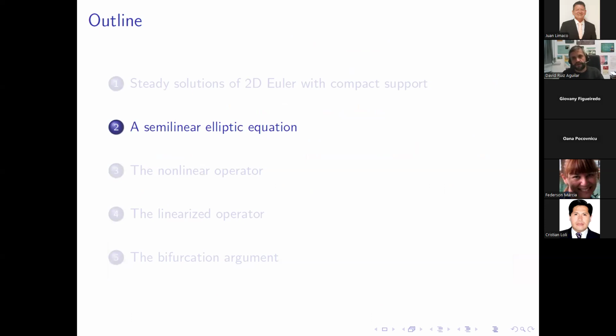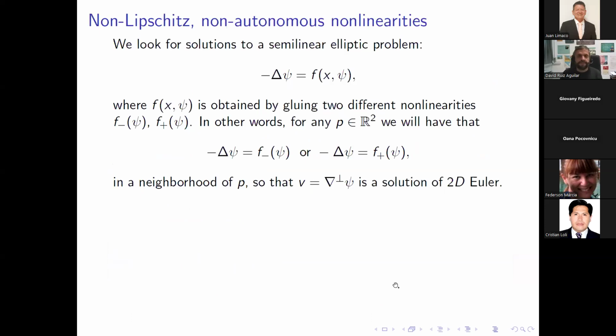So let's talk about the semilinear elliptic equation I'm interested in. Basically, the idea is the following. I'd like to find a solution of this equation here, where f of x and psi is a certain nonlinearity, and it can be obtained by gluing together two different nonlinearities, which I'm going to call f minus and f plus.